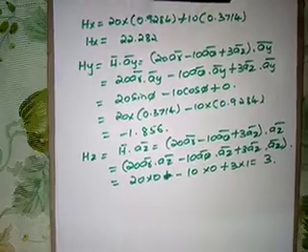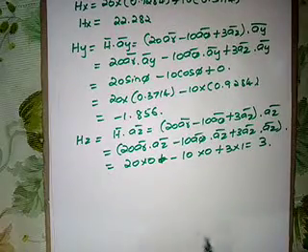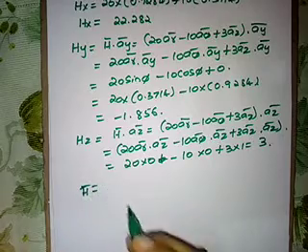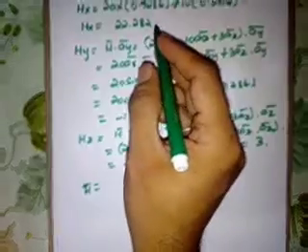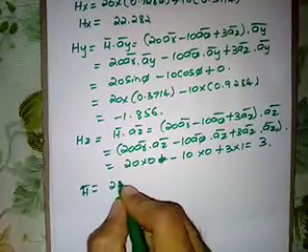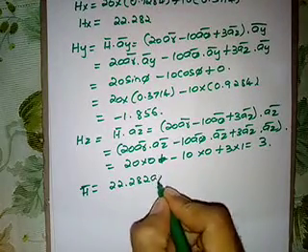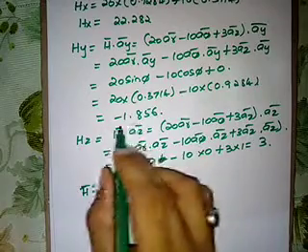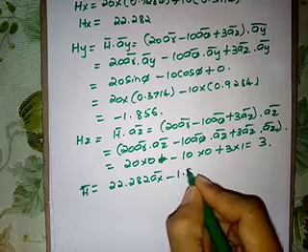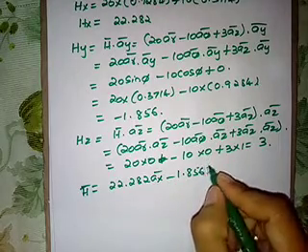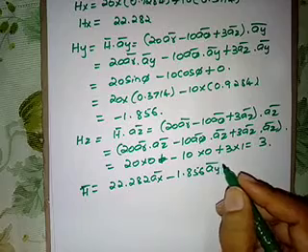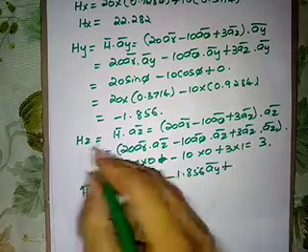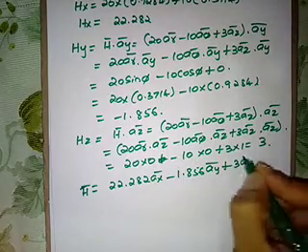So we have the hx component, hy component and hz component. So I can write h bar is equal to hx, 22.282 ax bar, right? Then hy is minus 1.856, so minus 1.856 ay bar, plus hz is 3, so plus 3 az bar.